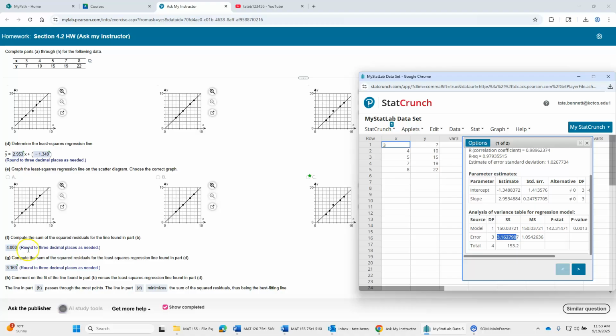You have to go back and calculate that. I guess they're just saying this part G, it minimizes the sum of the squares of the residuals, so it's considered a little bit better estimate of the data.